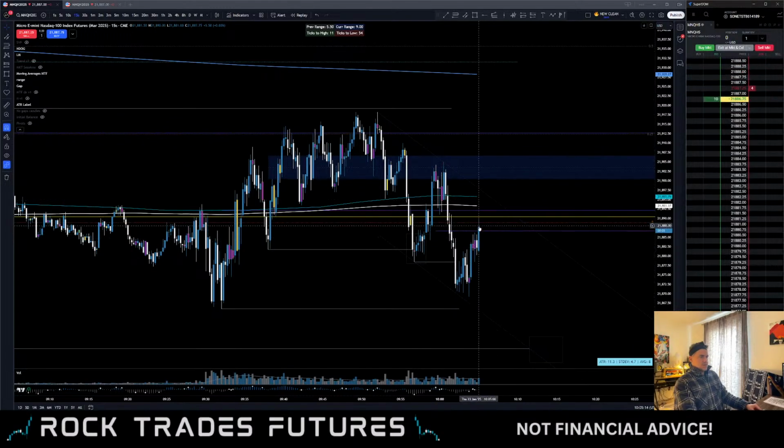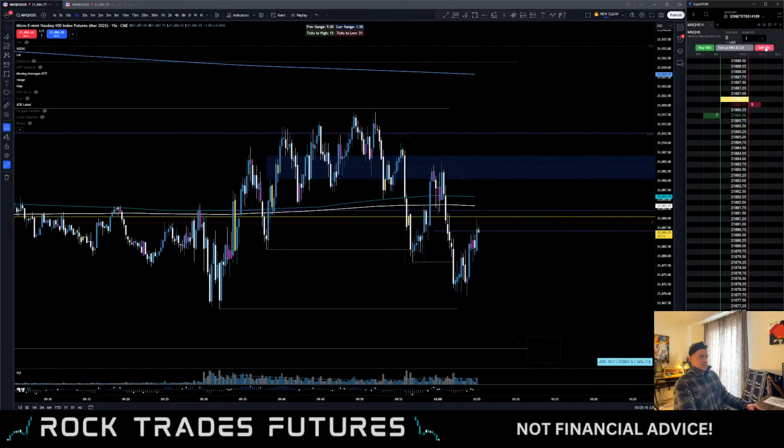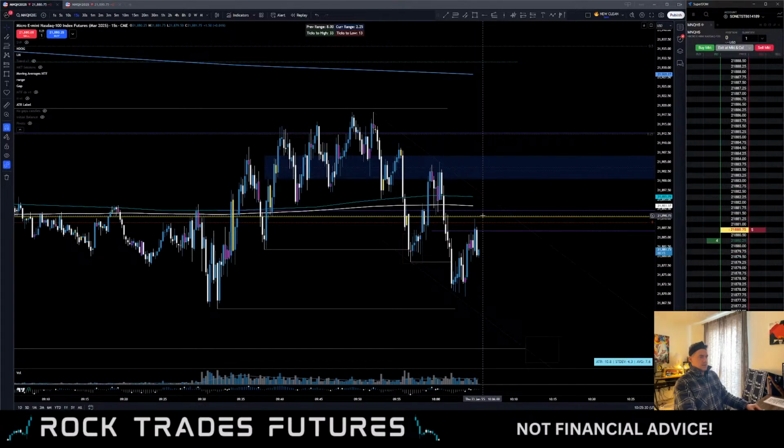This wick is tempting as an entry. Inside down close, can it hold? This is the 50% level. See, this wick was interesting as an entry because you get super tight risk. Perfect level.